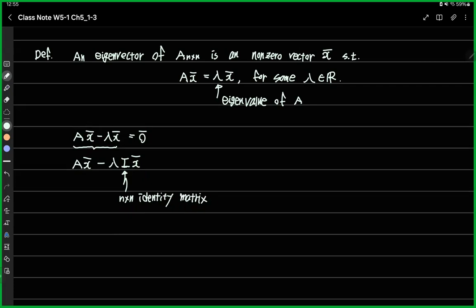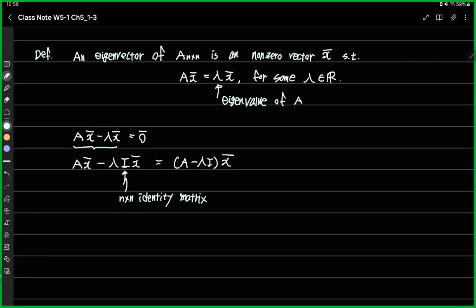Without the identity matrix, we can't just take out x bar, because A is a matrix and lambda is a scalar.